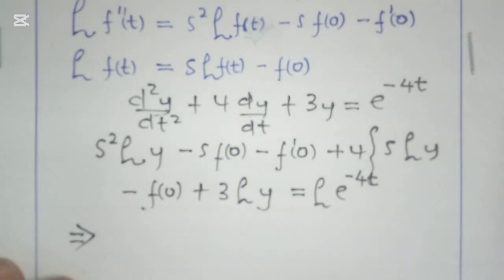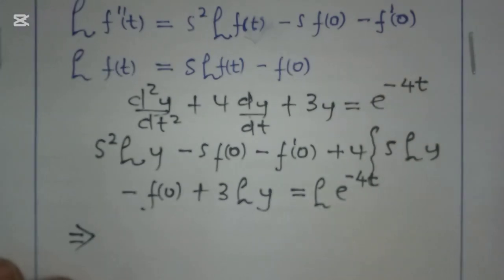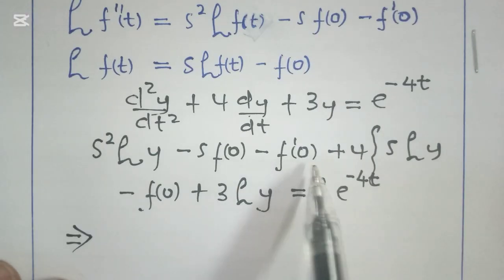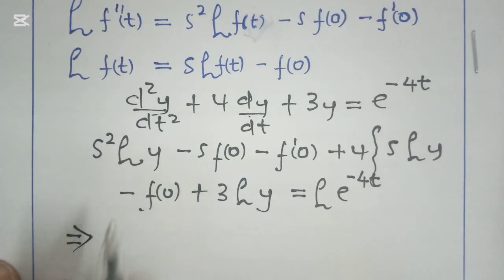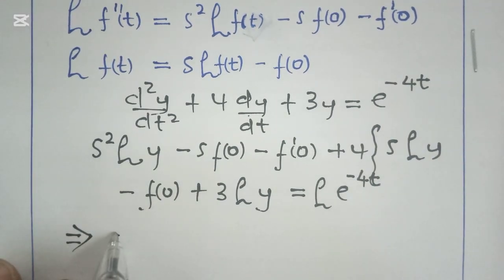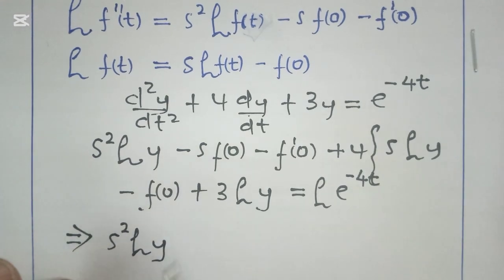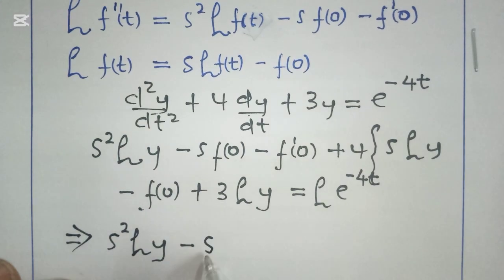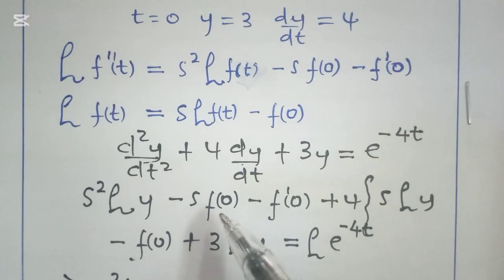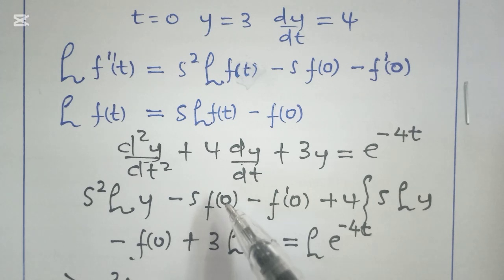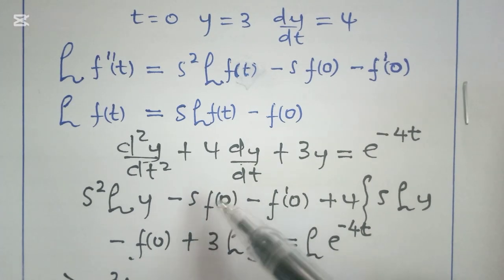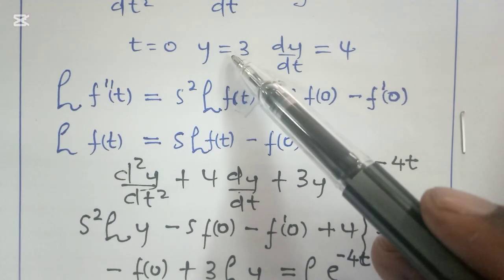So guys, using our conditions, we are going to replace for our conditions. These are our conditions. So let me write s squared first, then the Laplace transform of y, minus s, and our first condition, guys, is when t equals 0 for the initial condition, and that is for y.